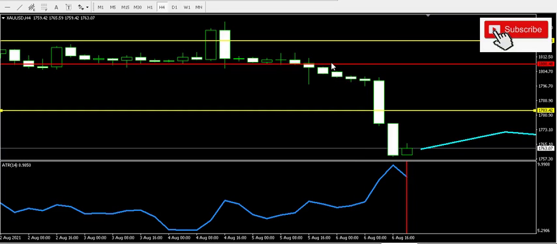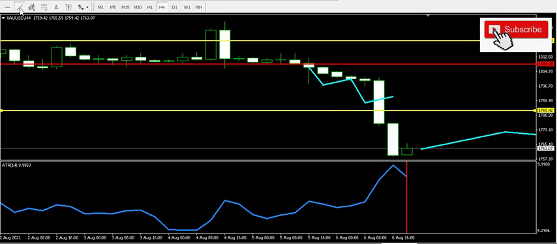And then as price continues to go down, you can move your stop loss. If price gives you lower low, lower high, lower low, lower high, you can move your stop loss manually.